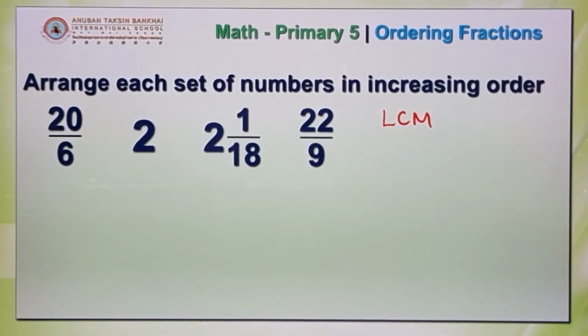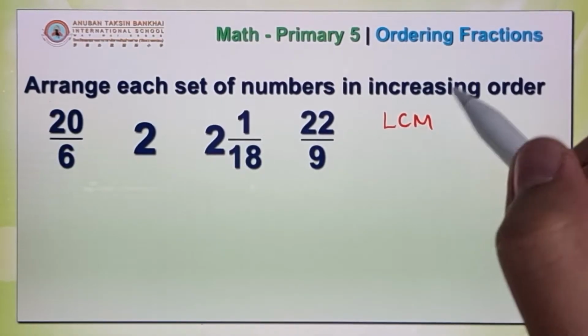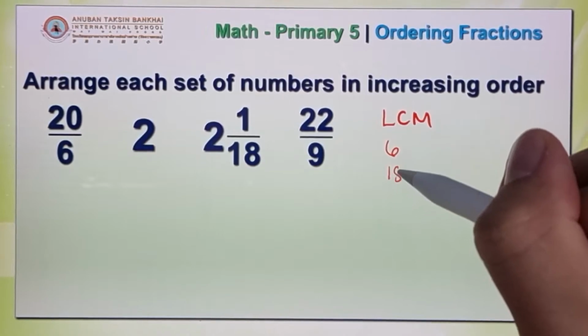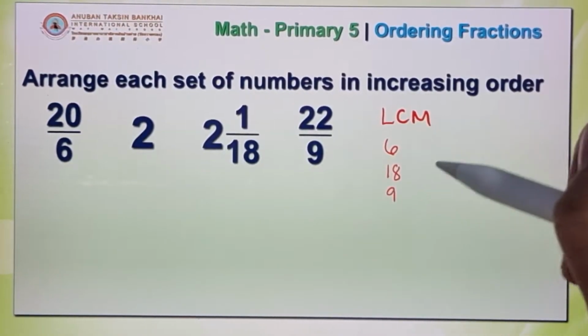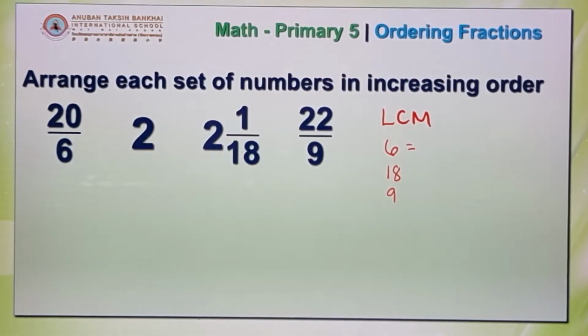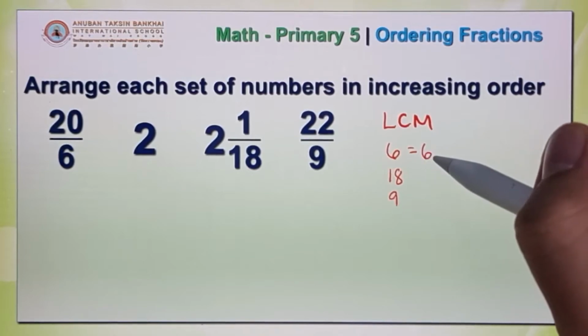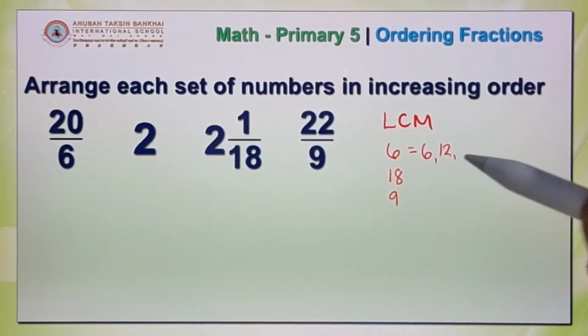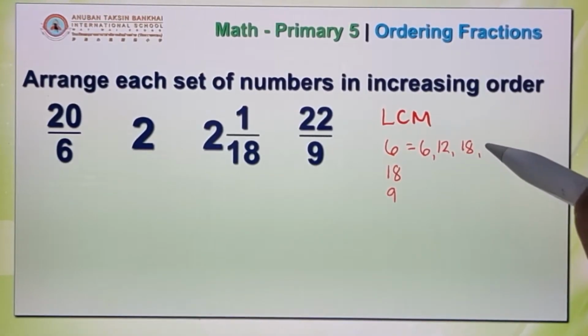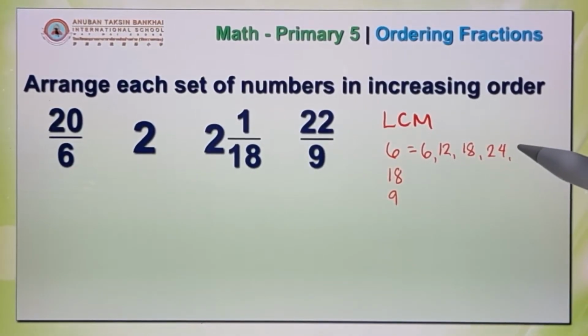We have the LCM of 6, 18, and 9. So let's try to write first the first 5 multiples of these numbers. For 6, we have 6, 12, 18, 24, and 30.